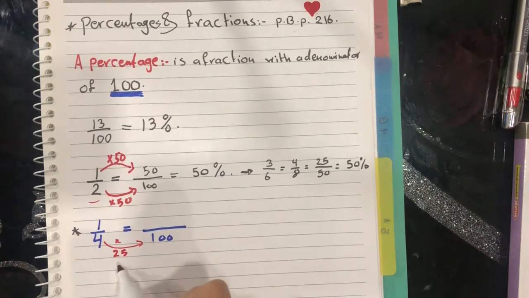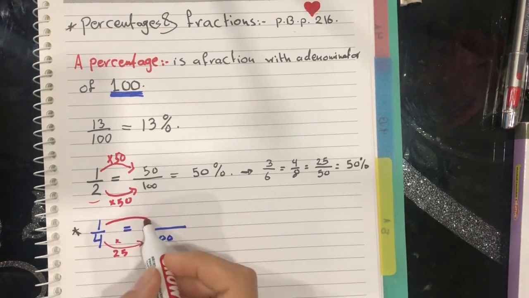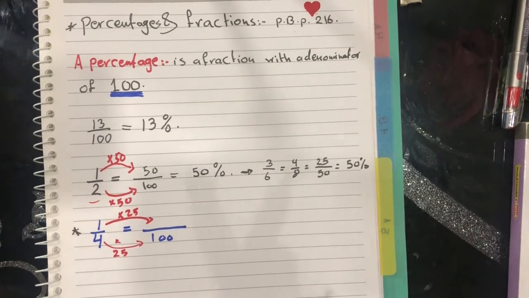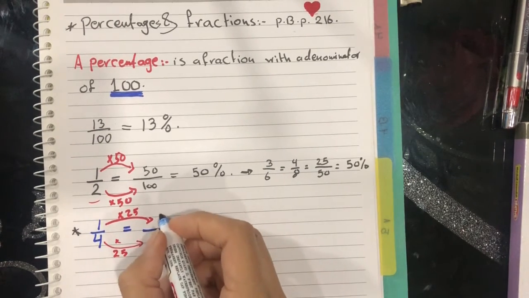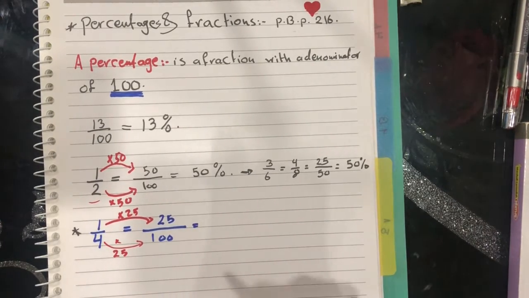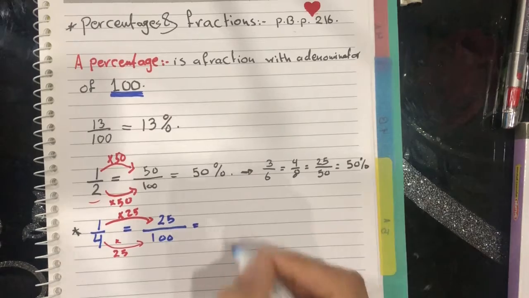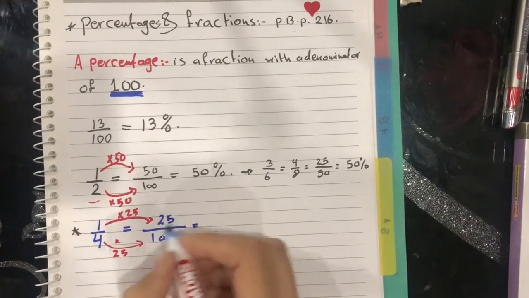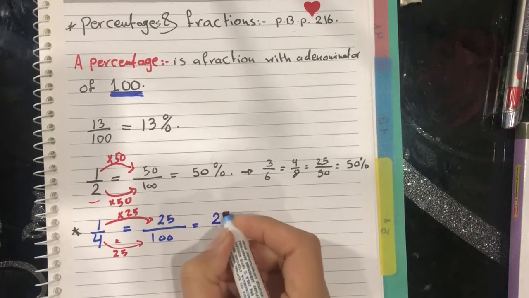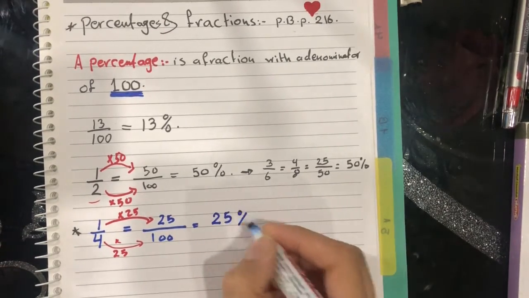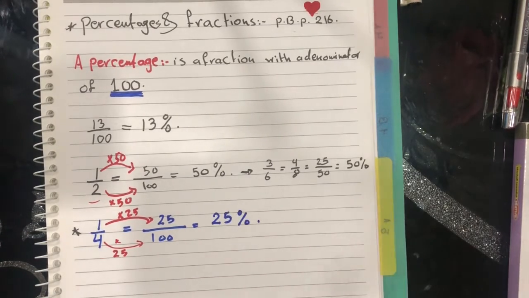And of course, since we multiply the denominator, we have to multiply the numerator by the same number. So 1 times 25 equals 25. Now, 25 out of 100. This is an easy fraction to turn into a percentage because the denominator is 100. You take the numerator, which is 25, and you replace the denominator with the percent sign. So this is now 25%.